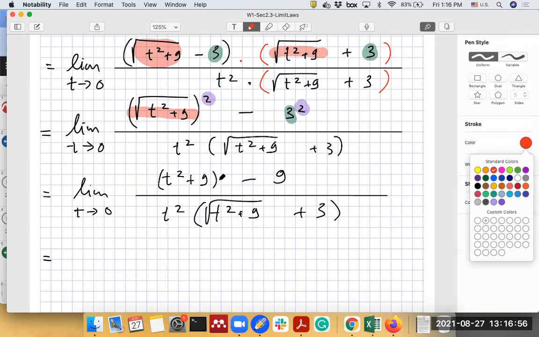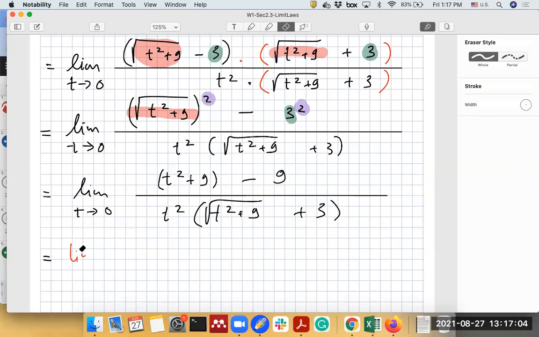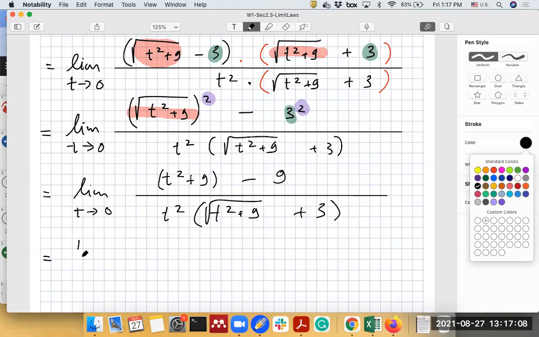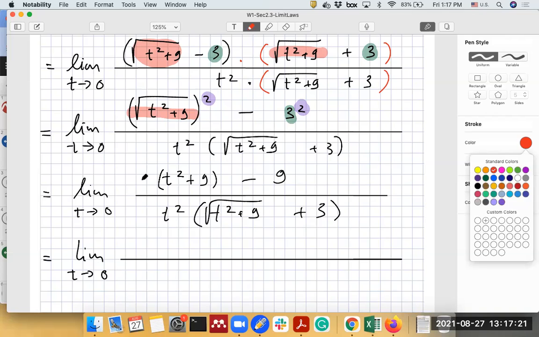This guy cancel with this guy, right? Before doing that, let me just write down to make sure that you won't make a mistake here in the future. Since limit t approaches 0, so this guy in front of that, there's no sign, or is this equivalent to having a positive sign here.